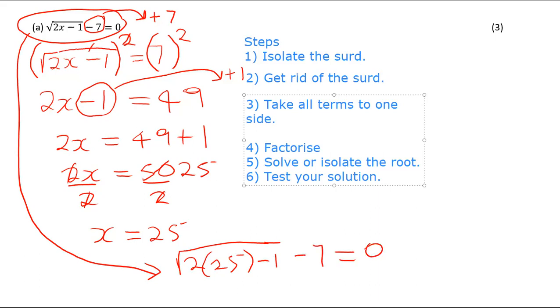So I will have the square root of 50 minus 1 minus 7 should be equal to 0.